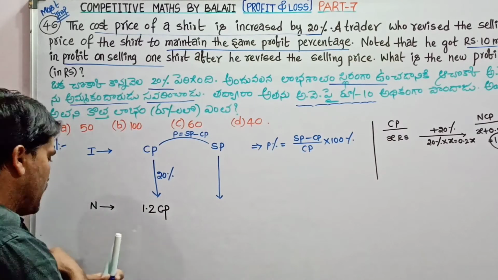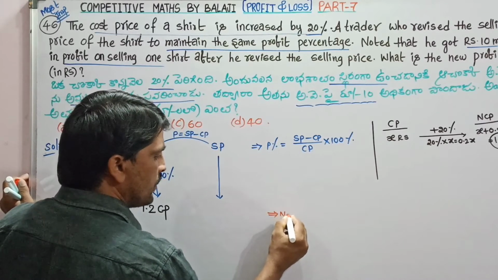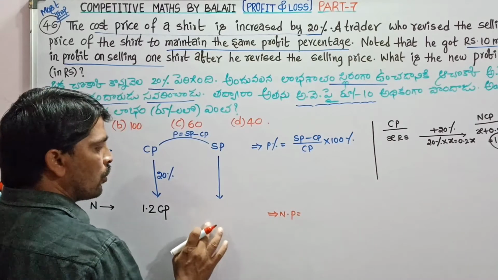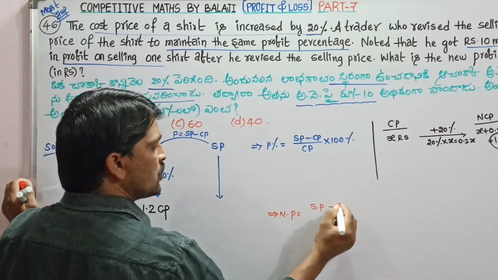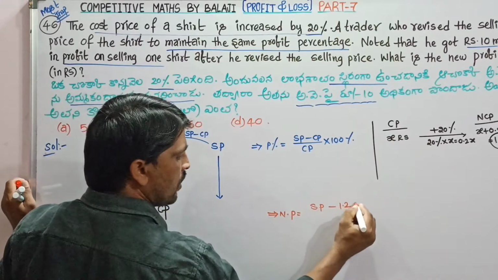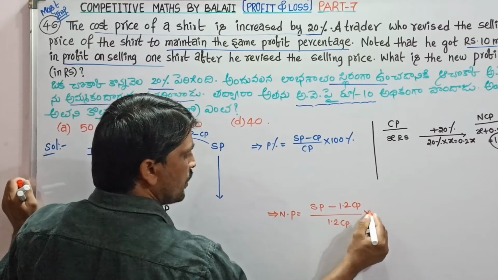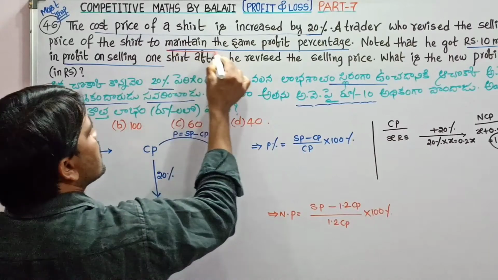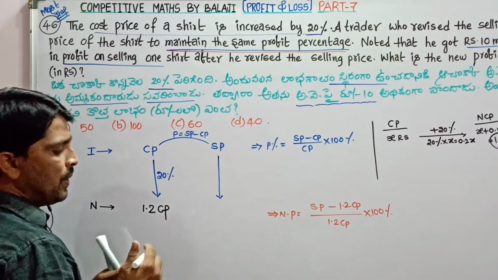In this case, consider the new profit. We don't know the new SP actually, so the new profit percentage is (SP minus 1.2 CP) over 1.2 CP into 100%. But in the question, we have to maintain the same profit percentage.